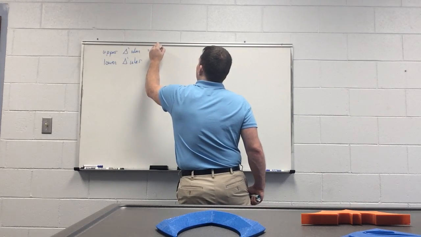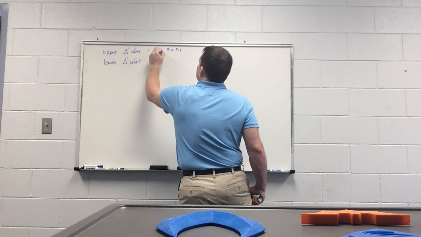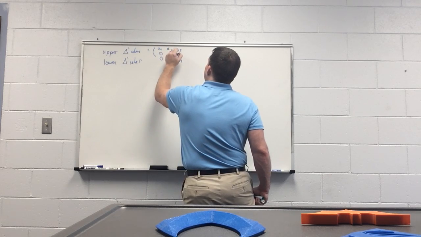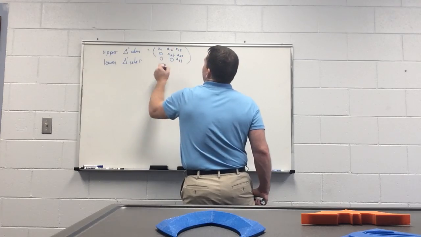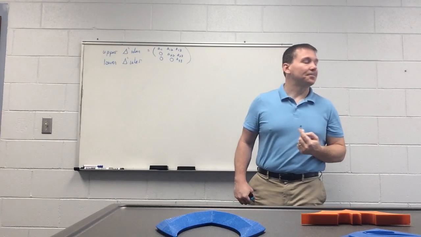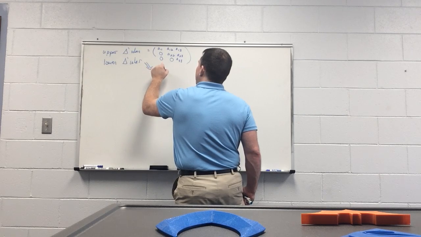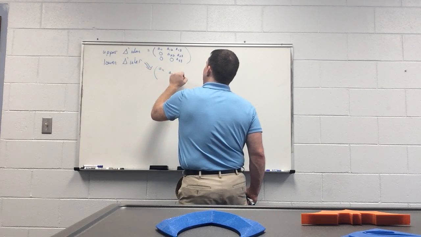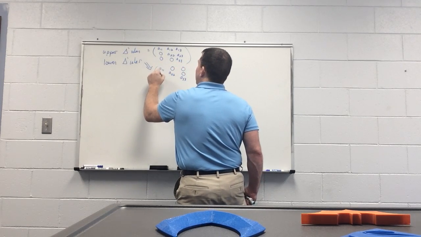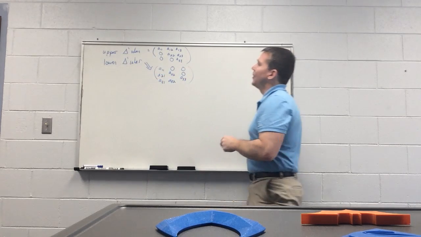So something like A11, A12, A13, 0, A22, A23, 0, 0, A33. That would be upper triangular, where you have zeros in the bottom triangle. Lower triangular is the exact same: A11, A22, A33, only I have zeros in the upper triangle, and A21, A31, A32, and there we go.